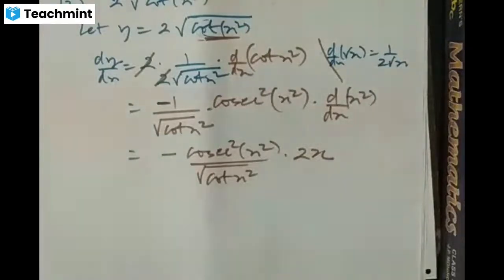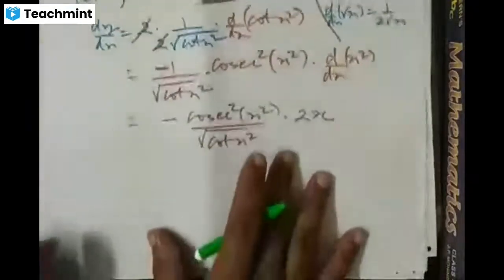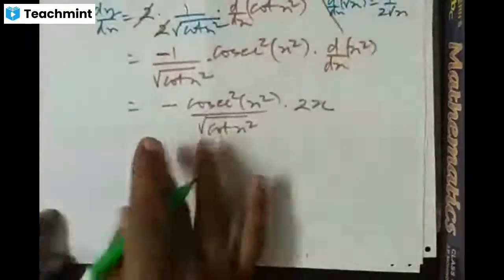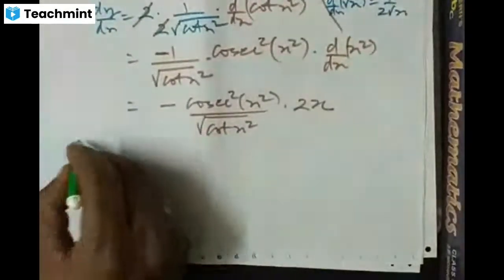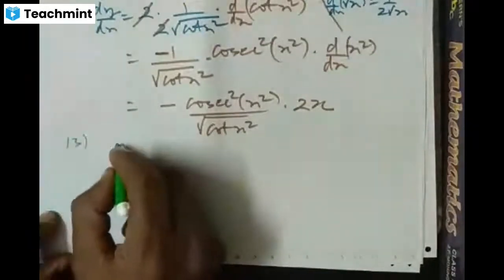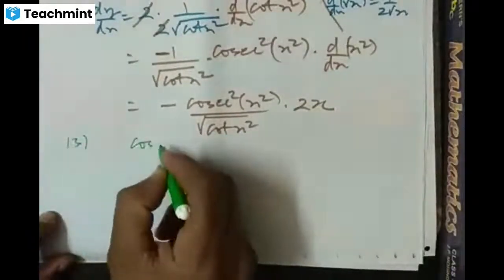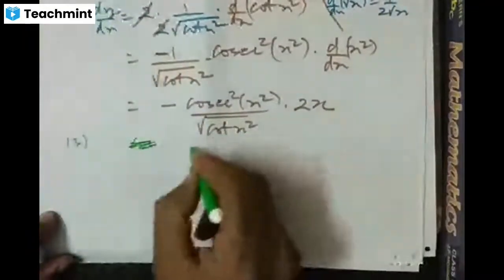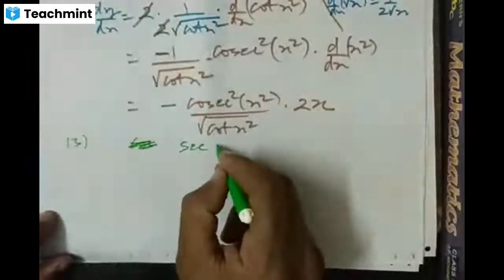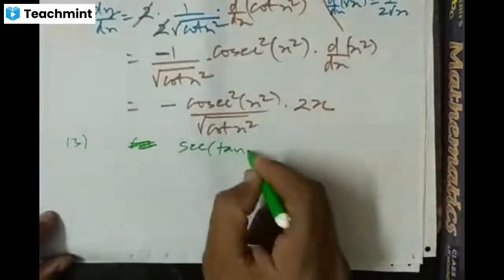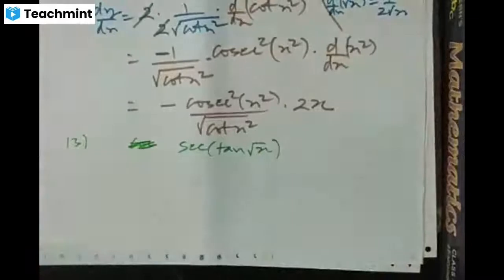Next we shall move on to the 13th one. The given function is secant of tan of root x.